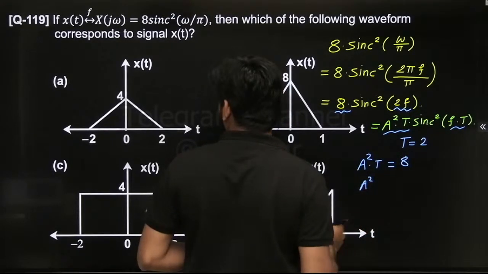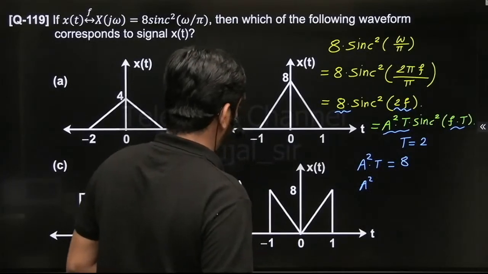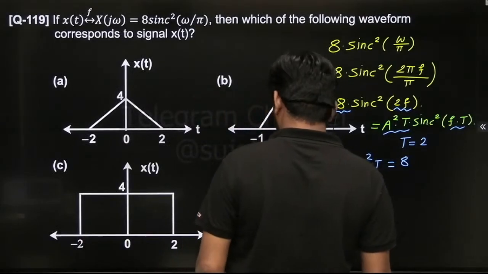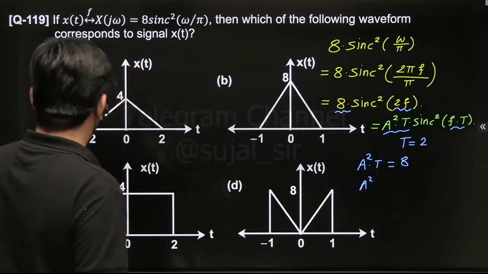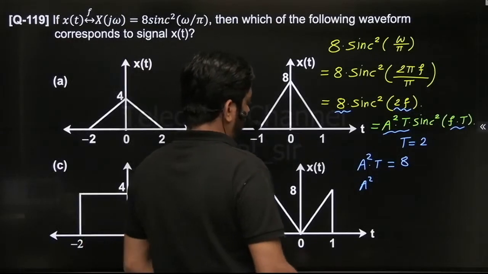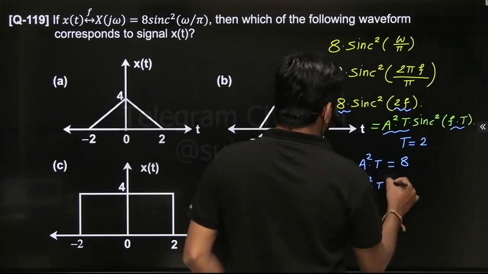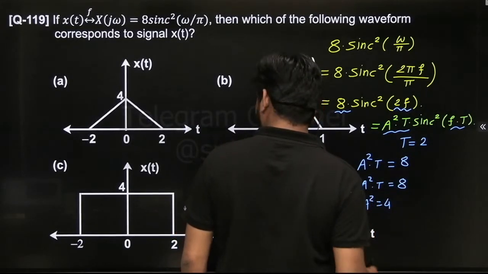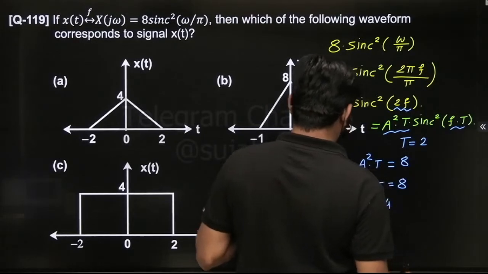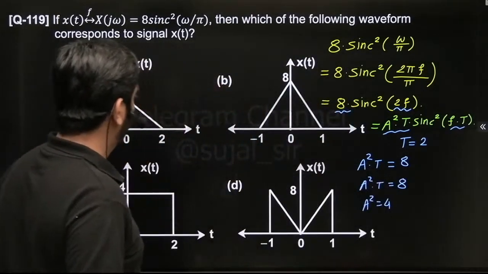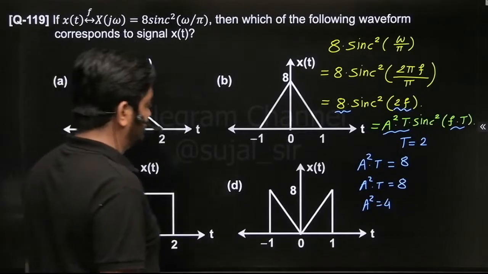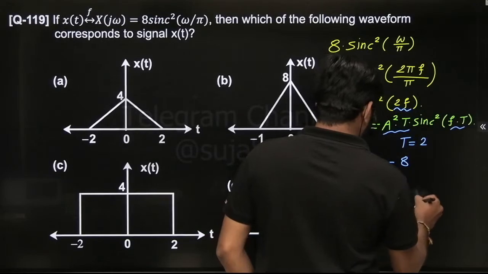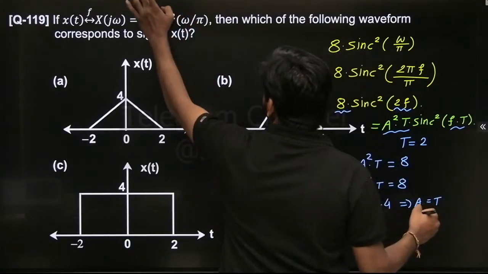So A squared into T is equal to 8, okay, so A squared equal to 4. So here A squared equal to 4, that's why A is equal to plus 2, guys.